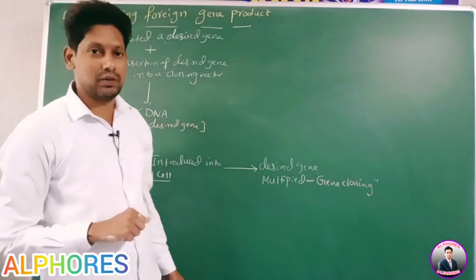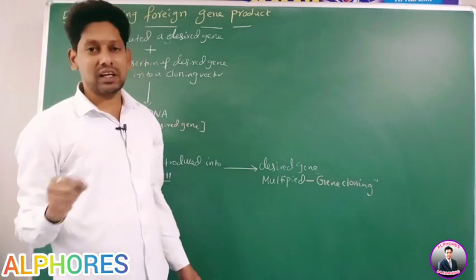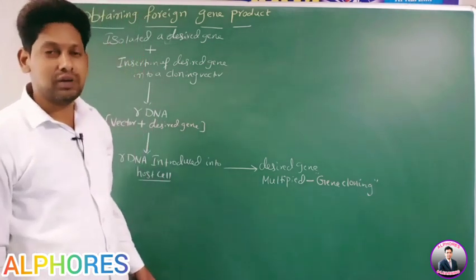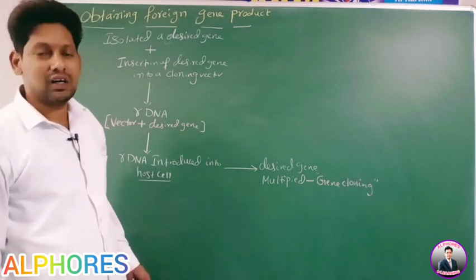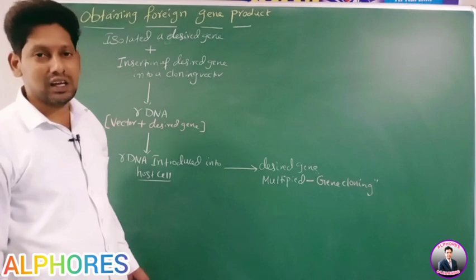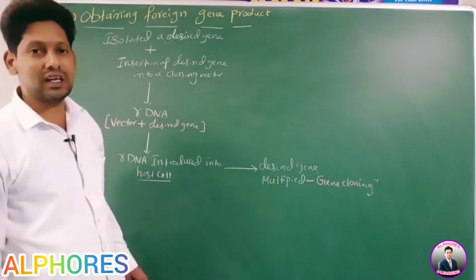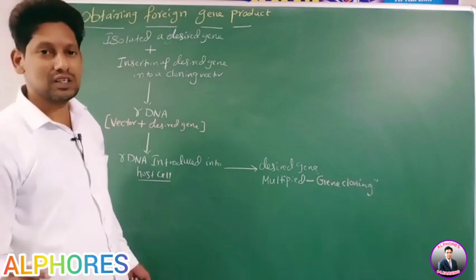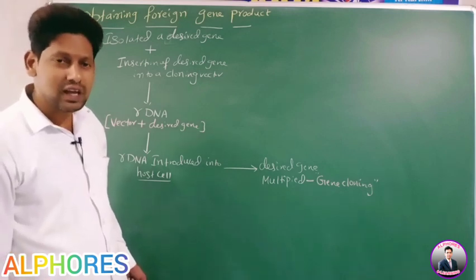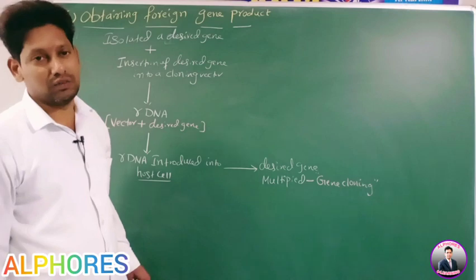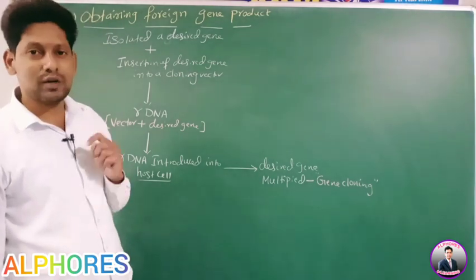Now listen to this statement. The ultimate aim of many rDNA, that is recombinant DNA technologies, is to produce a protein. Which protein? Desired protein. Now see here how the desired protein is produced.